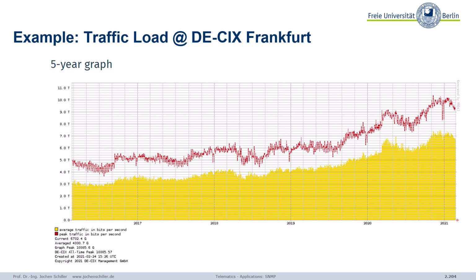So if there's suddenly a strange peak somewhere, this might be an indication of either a researcher downloading a lot of data from CERN, for example, or there might be some denial of service attack if there's a lot of traffic coming in from certain regions over several links, etc. So there are certain indications.